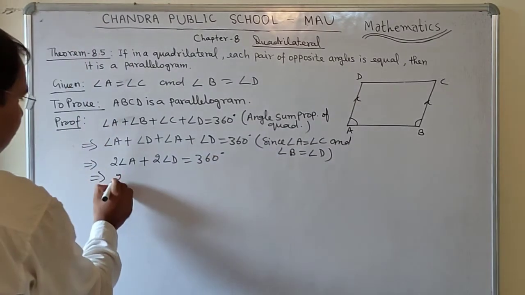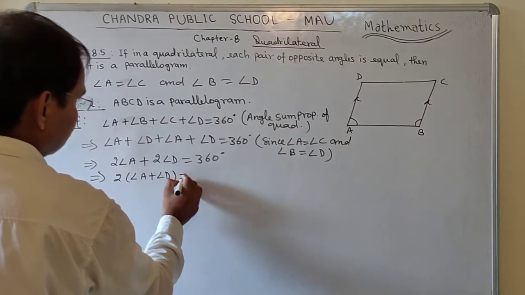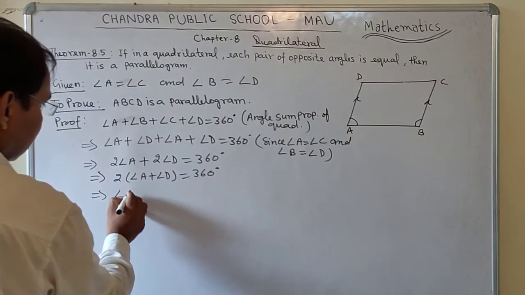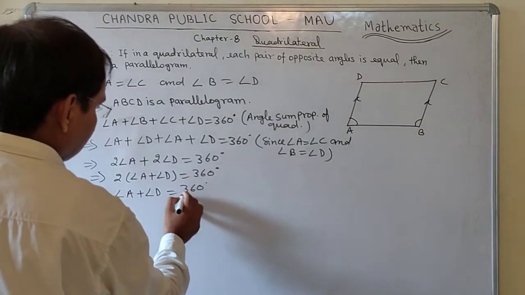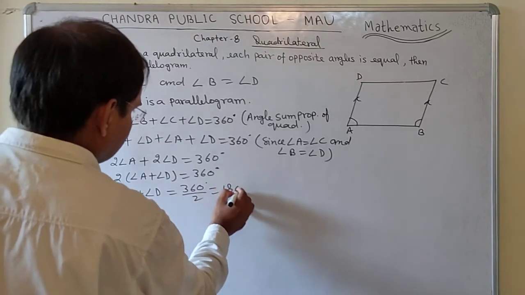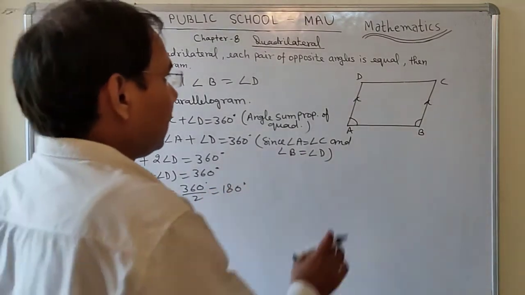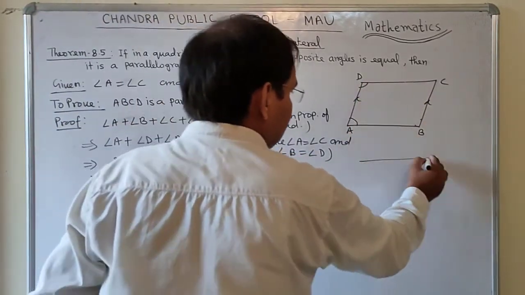Now 2 can be taken as common, so angle A plus angle D equal to 360 degree upon 2, that is equal to 180 degree. So here you have to prove that angle A plus angle D is 180 degree.